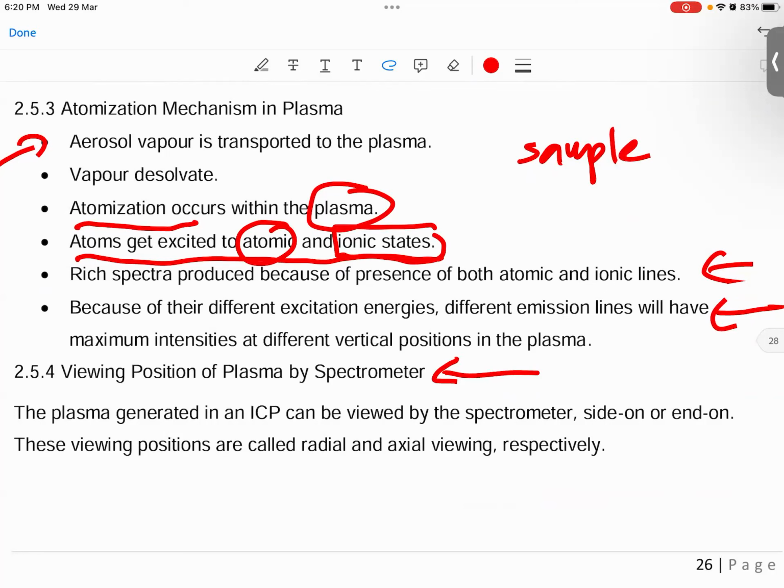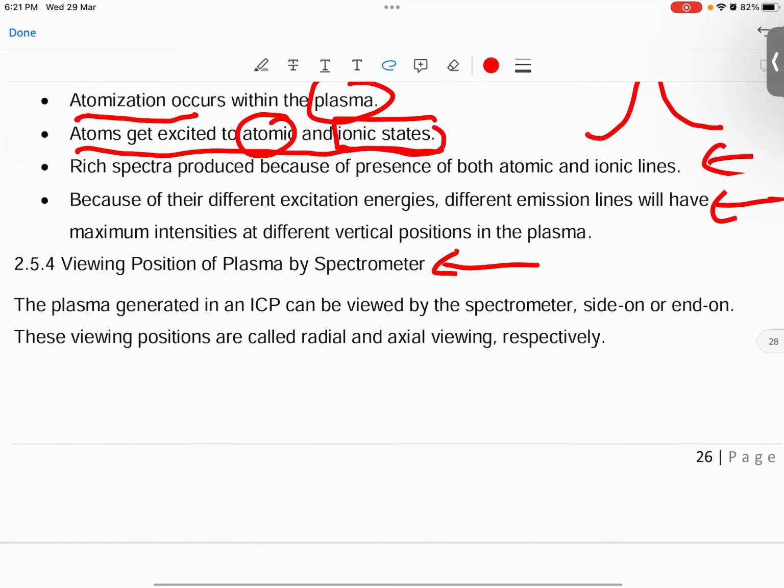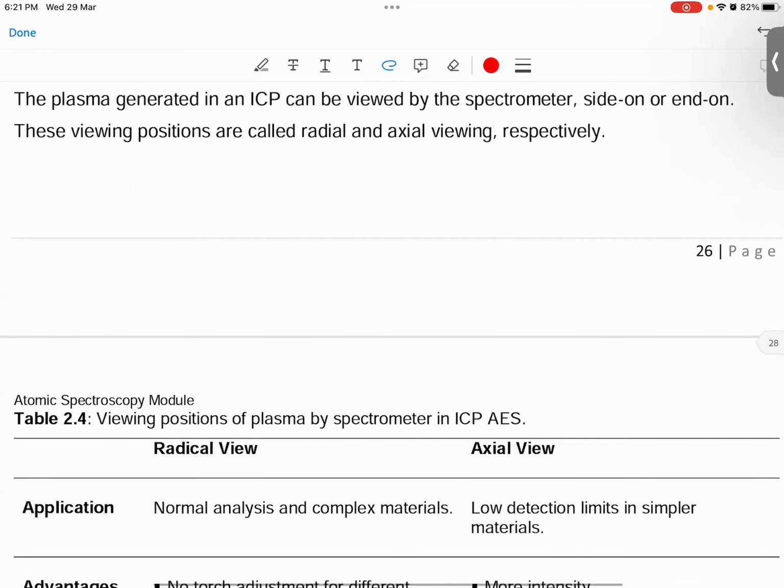For atomic absorption spectroscopy, I showed just now the absorption spectrum, a single spectrum for a single analyte. But for emission spectrum, they are based on multiple wavelengths. They screen.